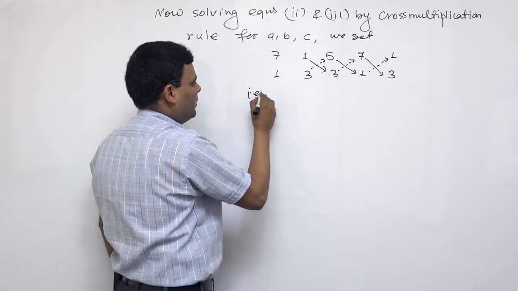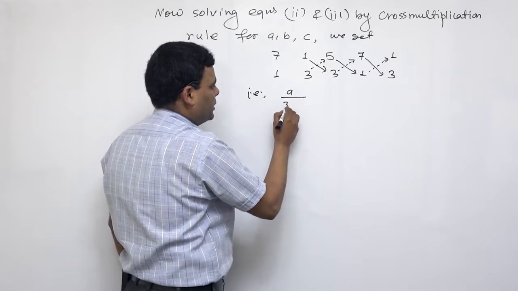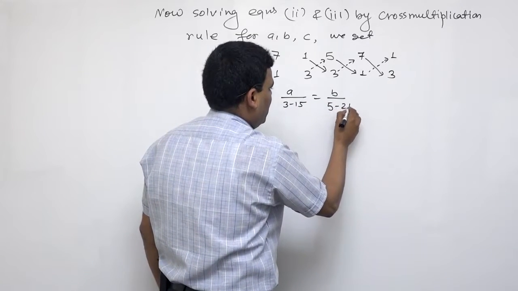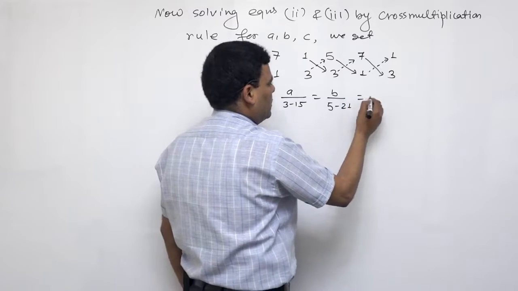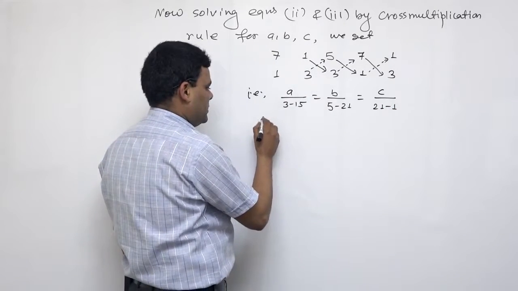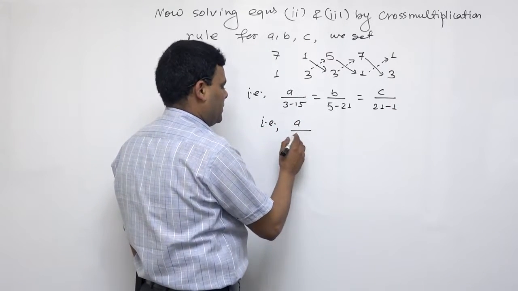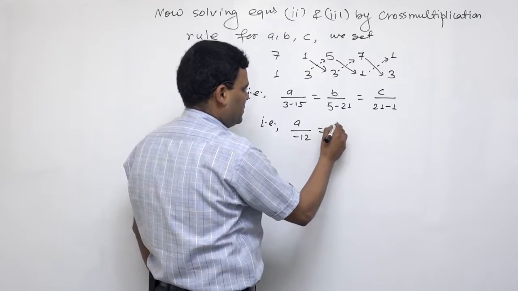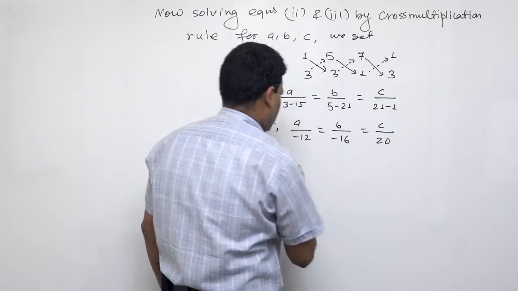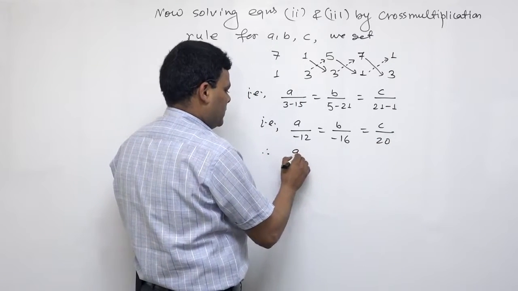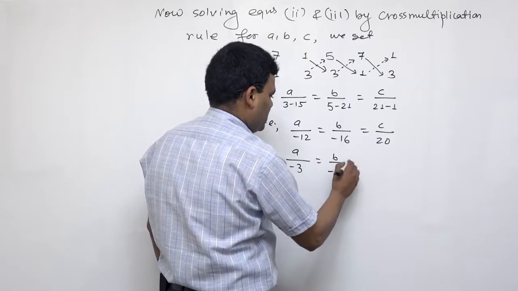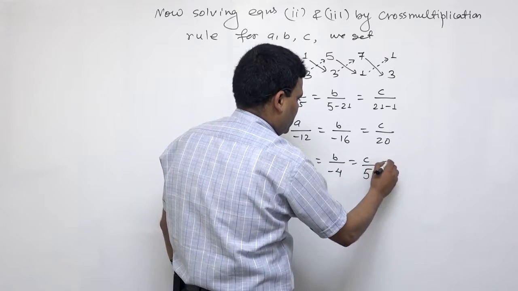That is, a upon (3 minus 15) equals b upon (5 minus 21) equals c upon (21 minus 1), that is a upon minus 12 equals b upon minus 16 equals c upon 20. Therefore, a upon minus 3 equals b upon minus 4 equals c upon 5 equals k.